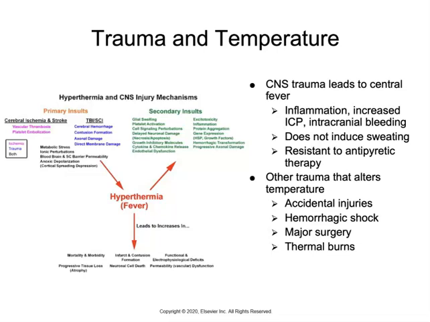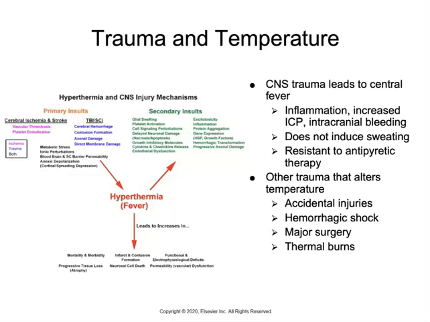We're also going to see that it is resistant to our standard antipyretic treatments, which usually help a fever. And other forms of trauma can also affect temperature regulation, which is going to include accidental injuries, which is inversely related to the severity of the injury, hemorrhagic shock that triggers our peripheral vasoconstriction and hypoxia, and therefore is going to contribute to the hypothermia, and major surgeries in which the anesthesia can induce the hypothermia.